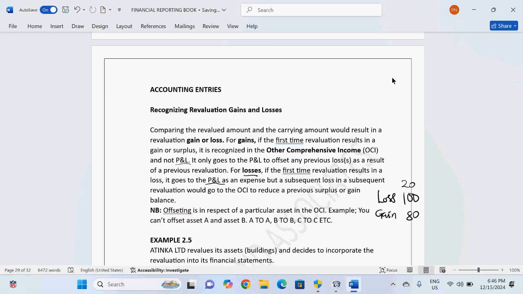But a subsequent loss in a subsequent revaluation will go to the OCI to reduce a previous surplus or gain balance. So what we are saying is that when we have a first time loss, it will go to the P&L and not the OCI.